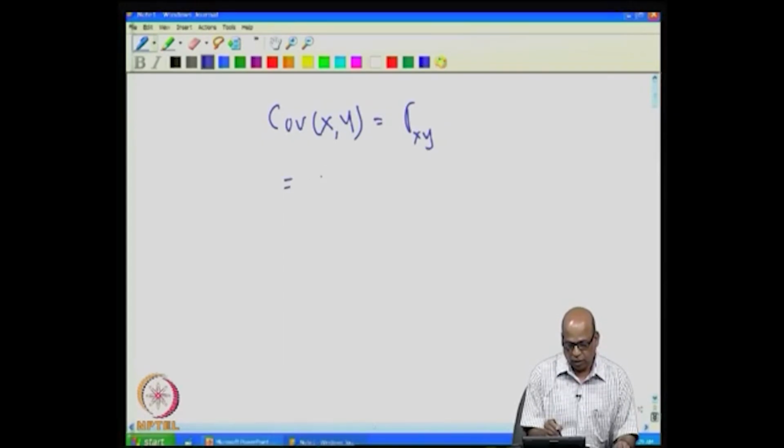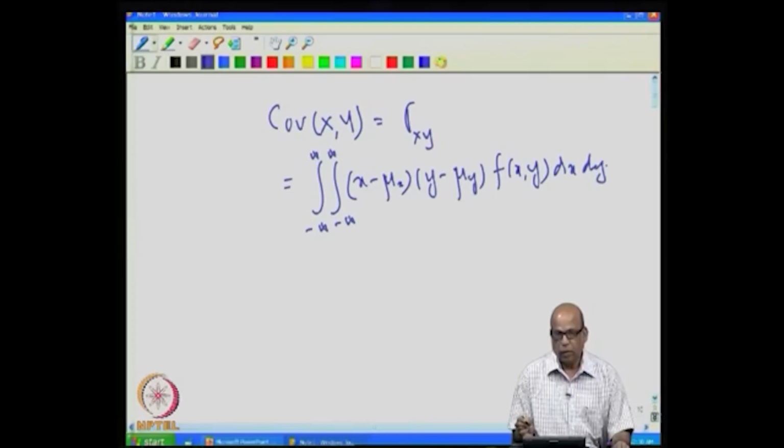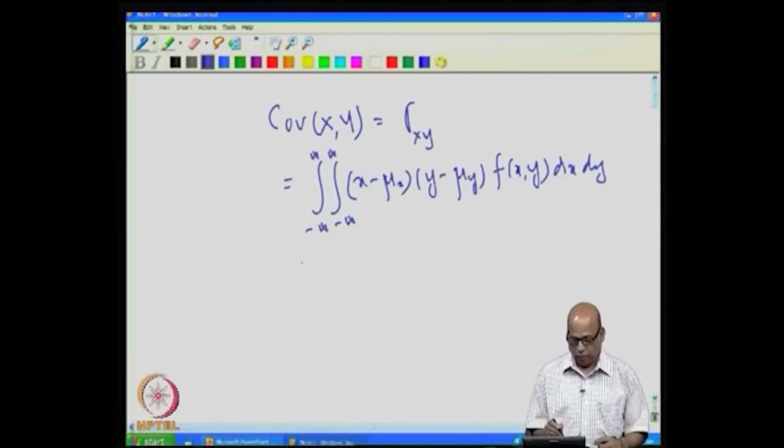Sigma x y we defined as the integral from minus infinity to plus infinity of x minus mu x, y minus mu y, f of x comma y dx dy. Okay, this is how we defined our covariance.